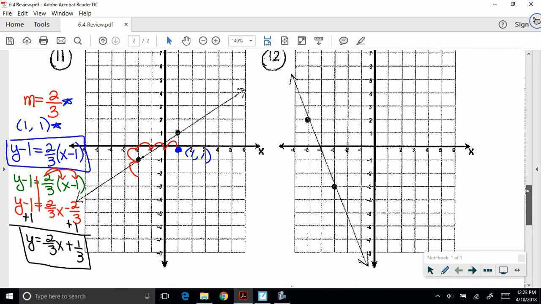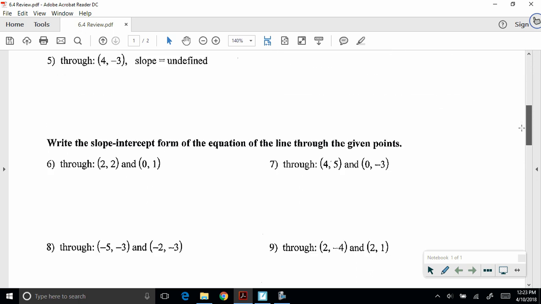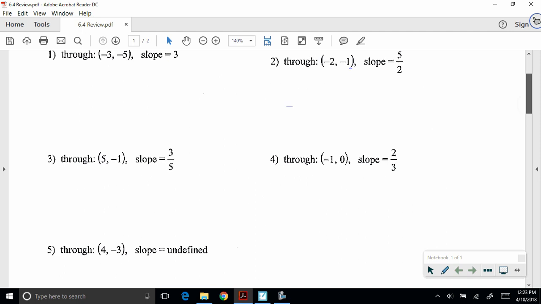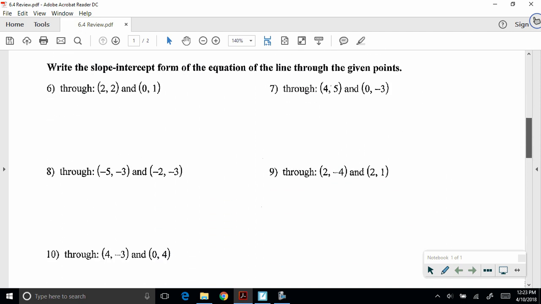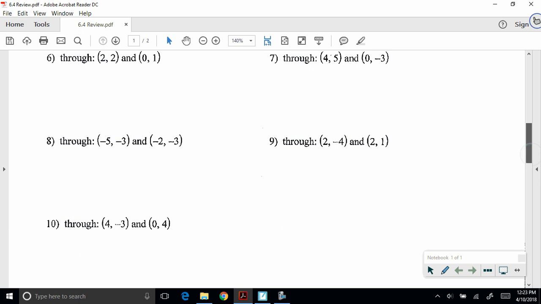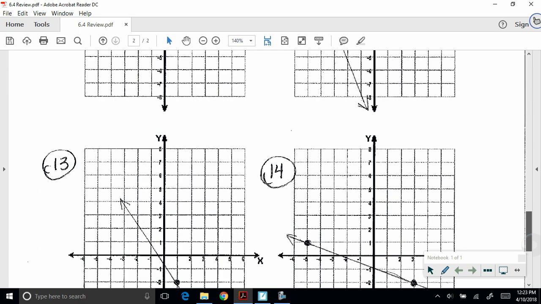I have done one from each section, and you need to finish the others to make sure that we are getting this correct. On this assignment we're going to do numbers 2, 4, and 5. We already did 6, so you're going to do 8, 9, and 10, and then 11, 12, and 13.